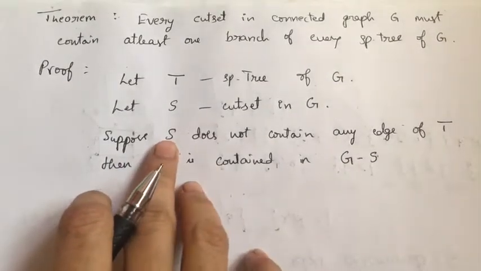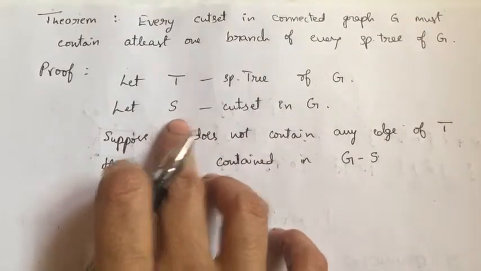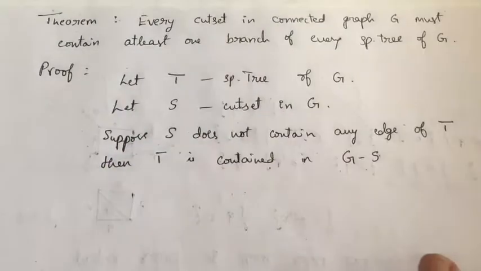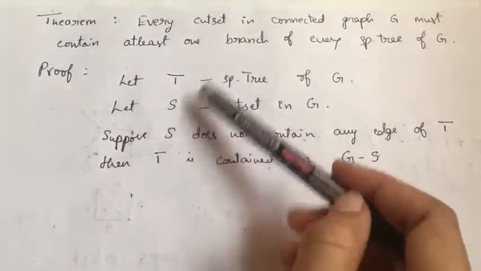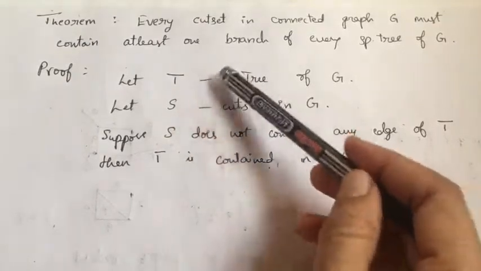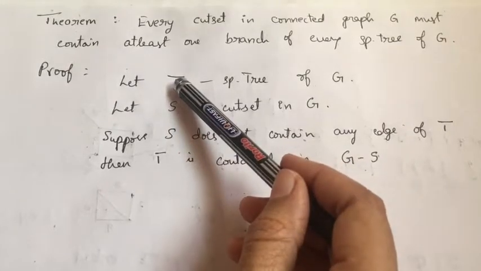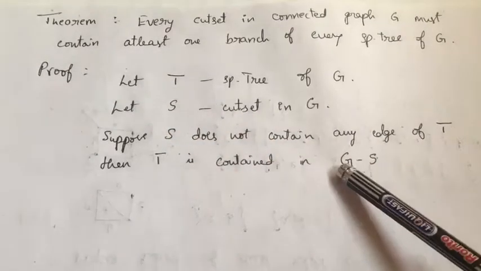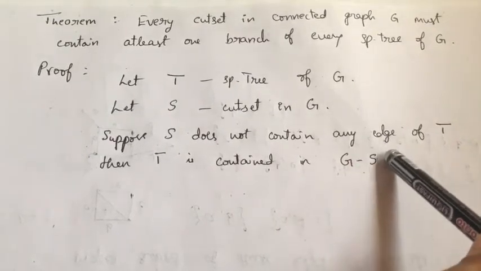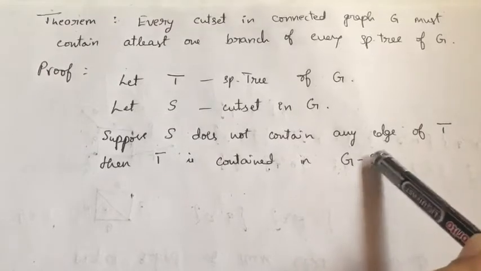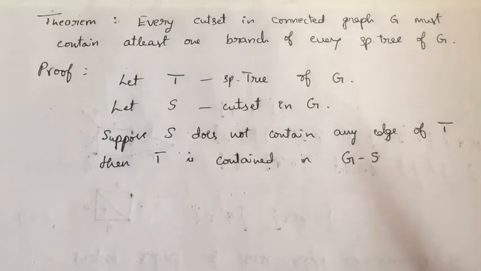S is a cut set, which means removal of the edges of S from G will disconnect it. If there is no edge in common between these two, then T is contained in G minus S. In fact, removal of the edges of S will disconnect G, which is a contradiction.